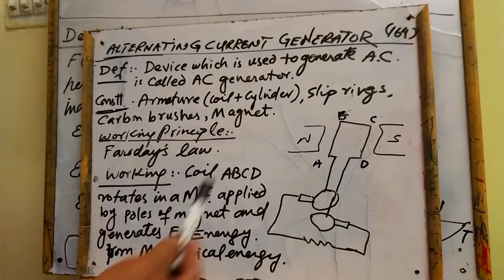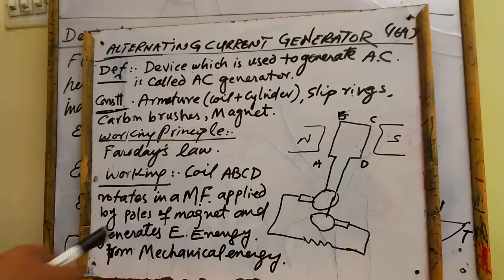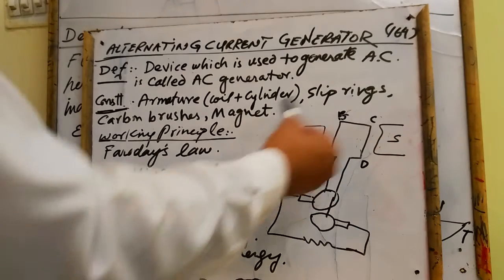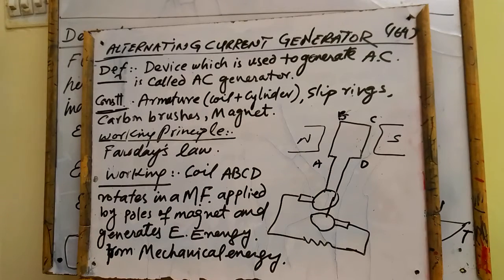Induced EMF is there, induced current is there, and this is basically the generator, a machine which obeys Faraday's law of electromagnetic induction, which is very important for the electricity generated throughout the world, like in Tarbela Dam, like in Mangla Dam.